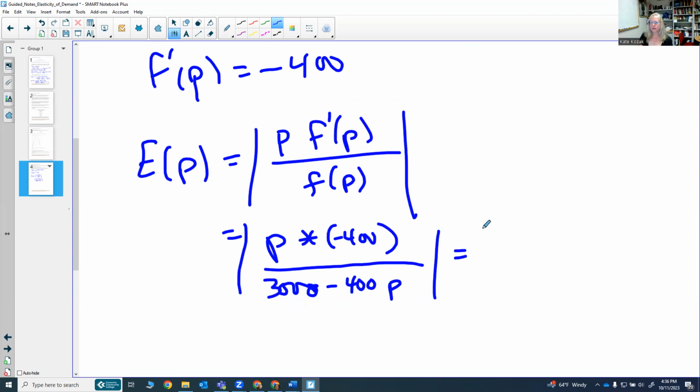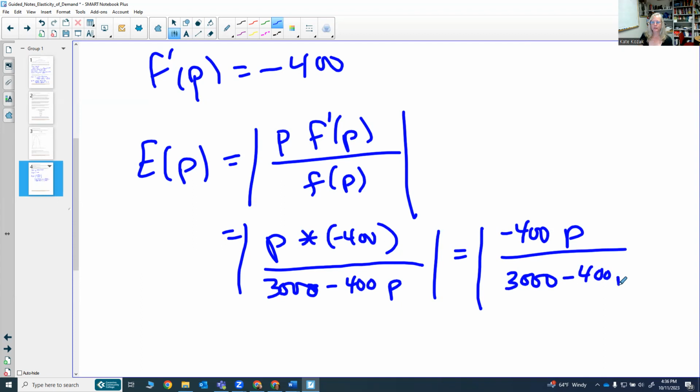Well, this is just equal to the absolute value of negative 400P over 3,000 minus 400P.